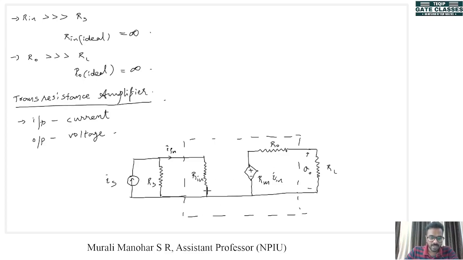So from the diagram we can see that Rin must have a very small value compared to Rs, so that more current flows into it, and R out should also have a very small value so that most of the voltage is dropped across the load resistance. So here both Rin and R out are very low for effective amplification.